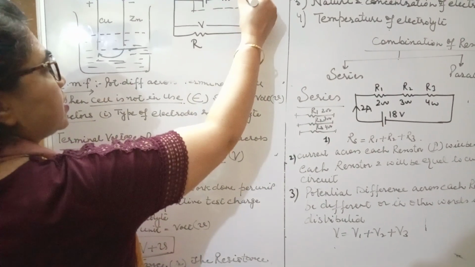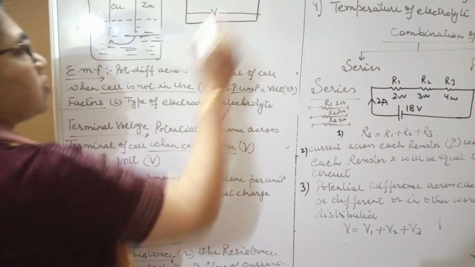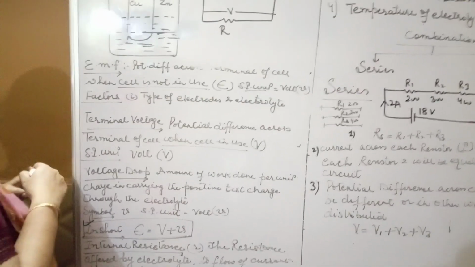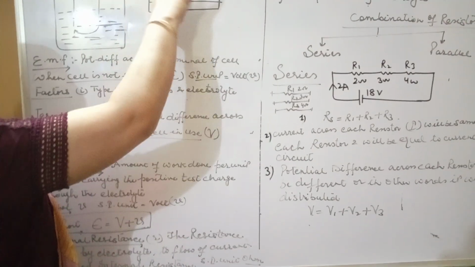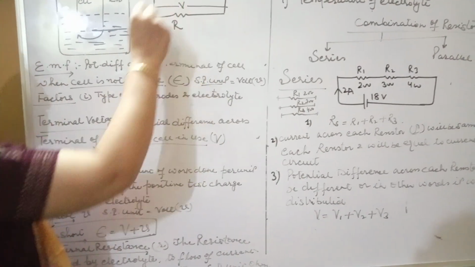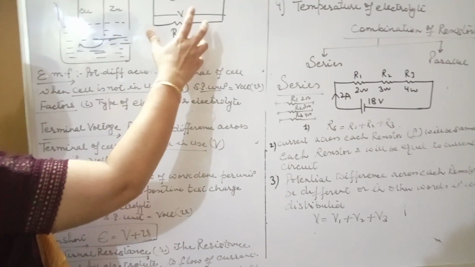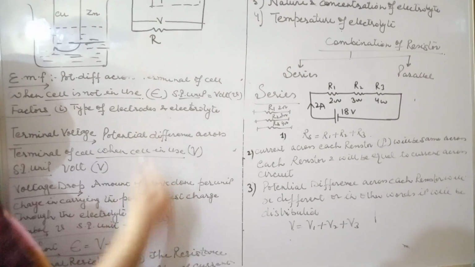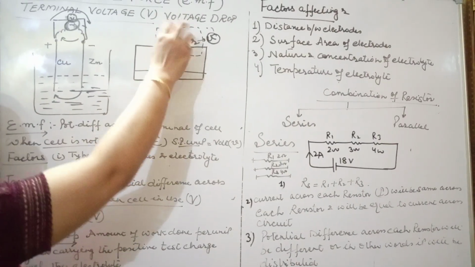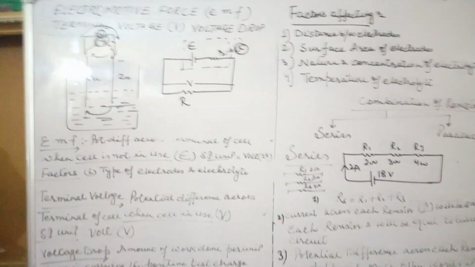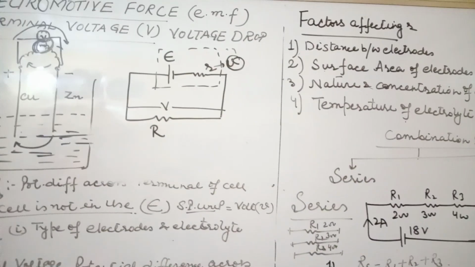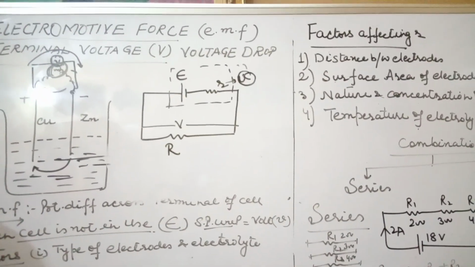Across this internal resistance, the potential difference is called voltage drop. So when it is a matter of the EMF, we consider the full circuit. When it is a matter of terminal voltage, we consider only the outer circuit, means external resistance. When it is a matter of voltage drop, we consider only internal resistance, because voltage drop is always associated with the internal part of the cell.